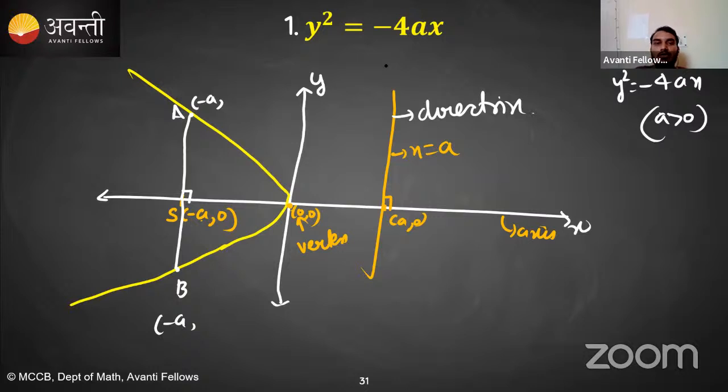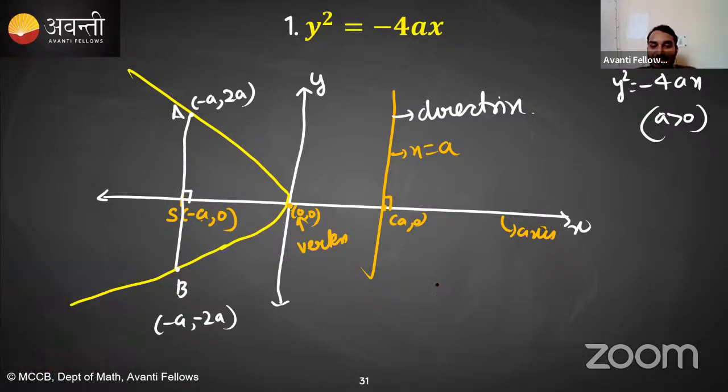We will get y square equal to plus 4a square, which is 2a and minus 2a. So minus a comma 2a, minus a comma minus 2a. Right? No, Anjali, how can a length be negative? How can it be minus 4a? Think about it, length will always be positive. Please do not get confused in this.